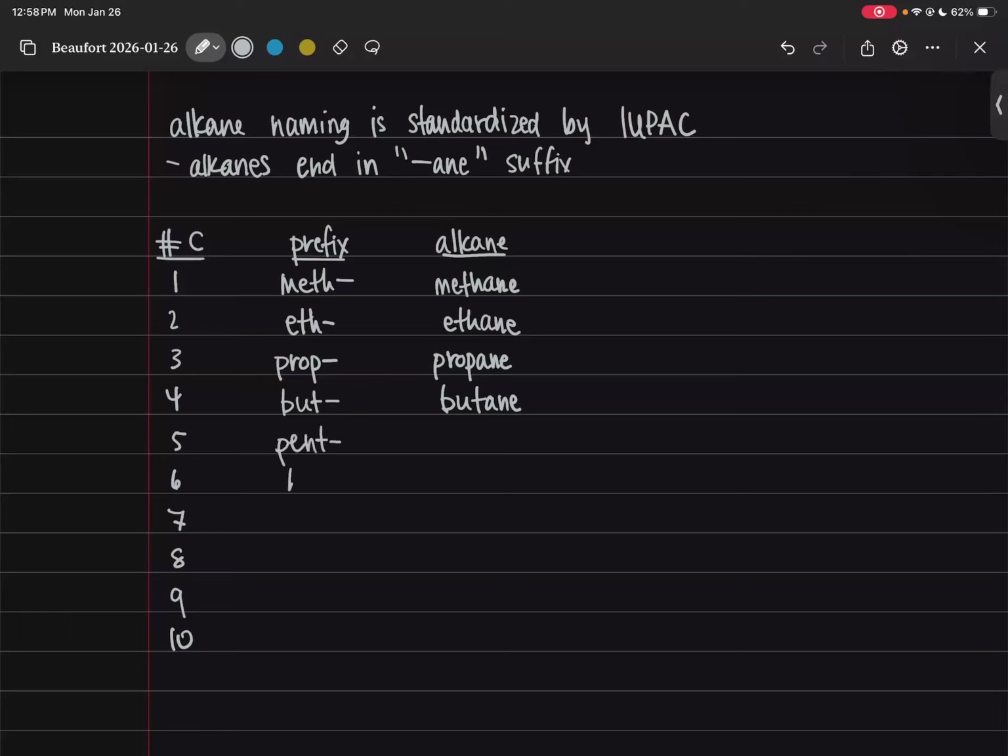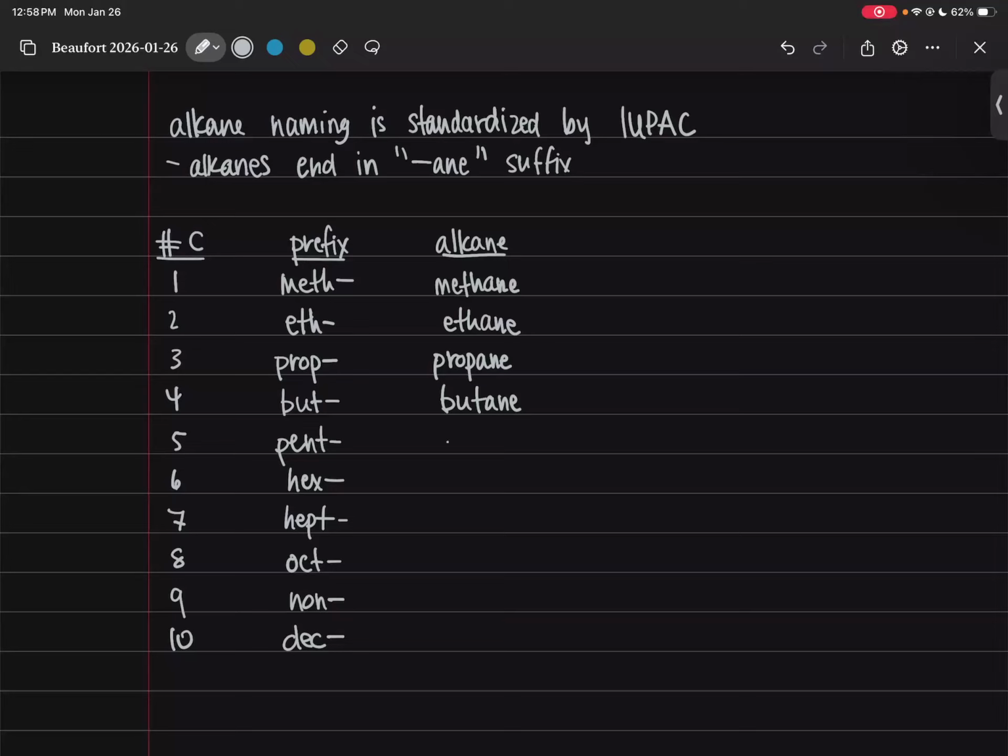Pent, hex, not sex, hept, not sept, oct, non. I imagine the first four come from Greek or Latin in some regard, but they're maybe not the ones that you're used to seeing.